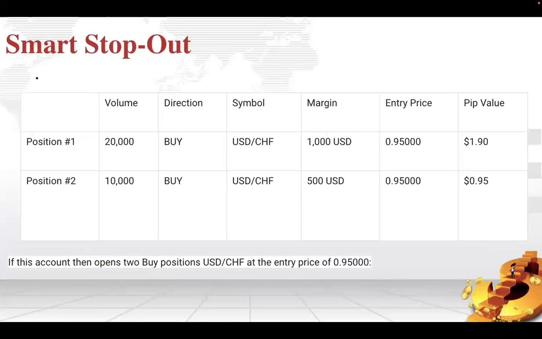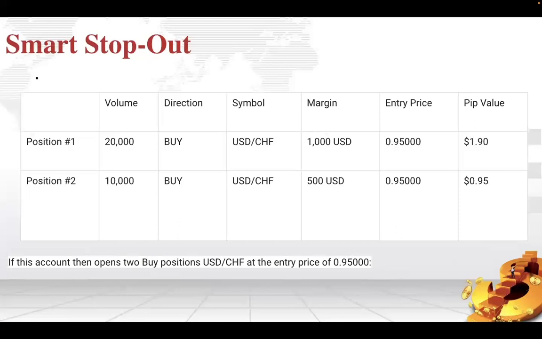Okay, so we realize the loss of 1,000 US dollar to the Swiss franc at 263 pips at 0.095 per pip. So that, after the calculations, will be $25. You can check it out for yourself.